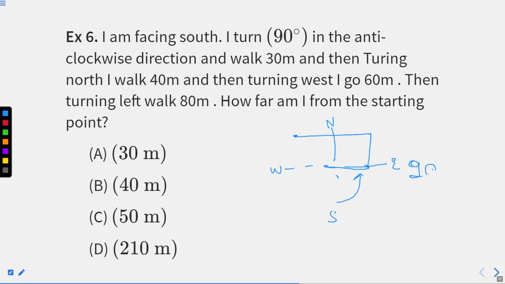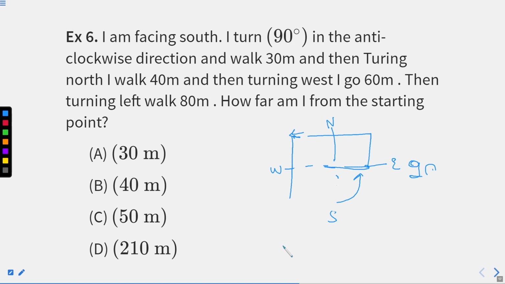Then you find yourself in the northwest direction. Then turning to left, as you are facing this direction, your left will be downward towards the south and you move 80 meters. Then you will cross the east-west line as well and move to the southern part, right here itself.